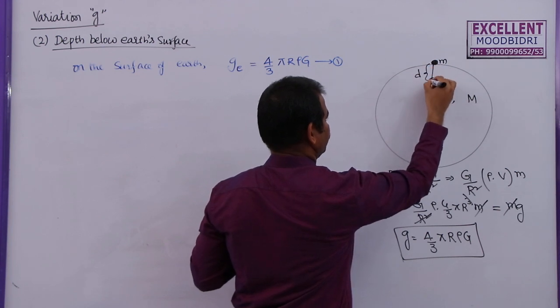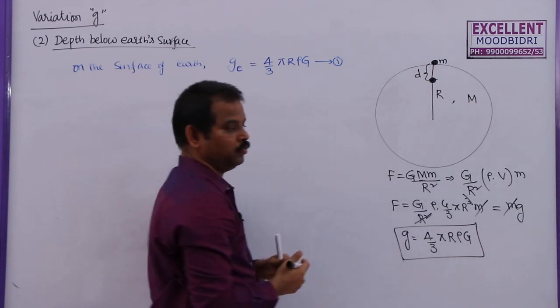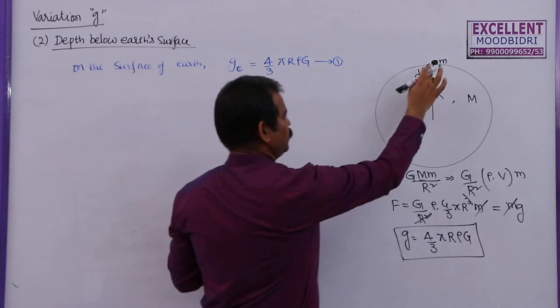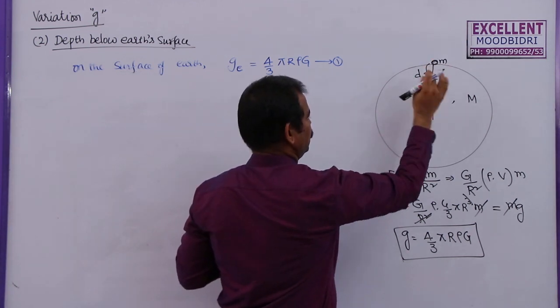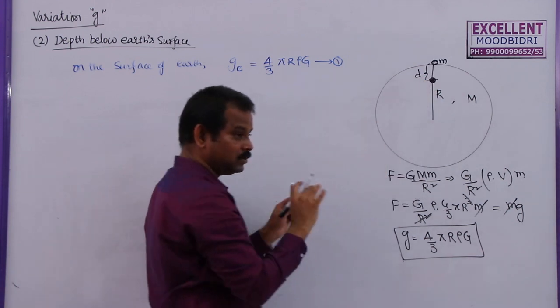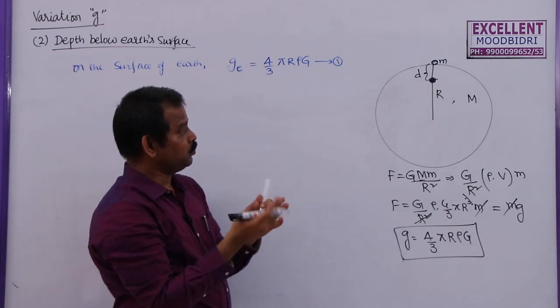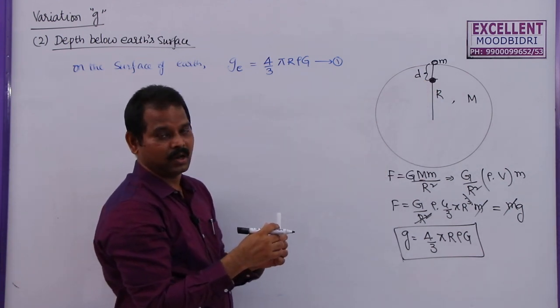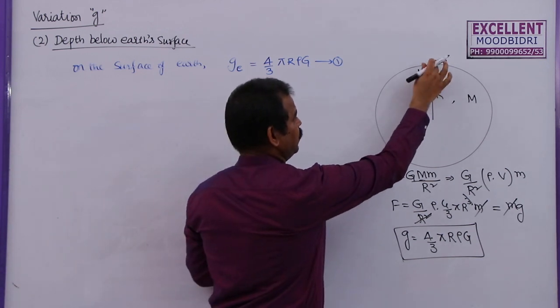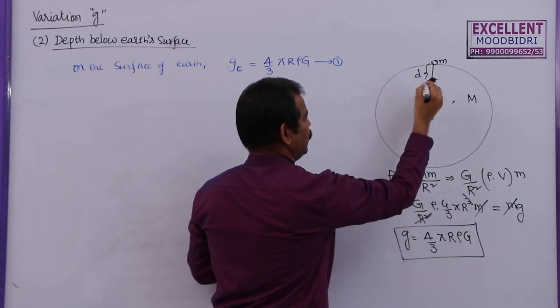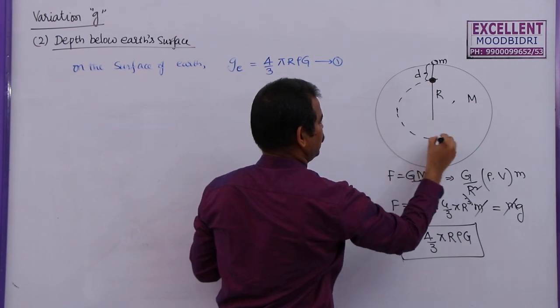Now if you bring this small body of mass m to a depth d below the surface of earth, this is the new position of the body. It is not on the surface of earth now, it is on a small sphere of radius small r. When the body was on the surface, the radius was capital R, now it is on a sphere of radius small r.